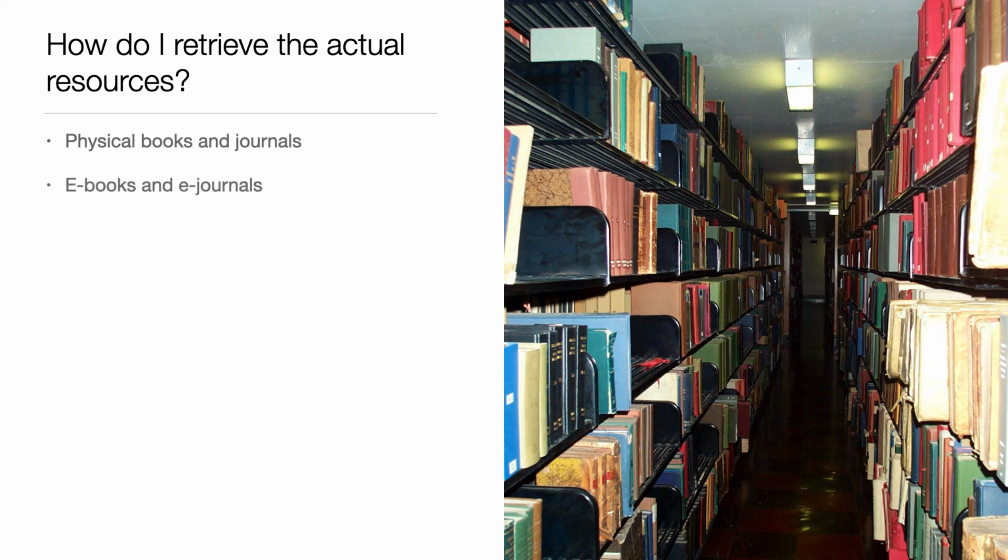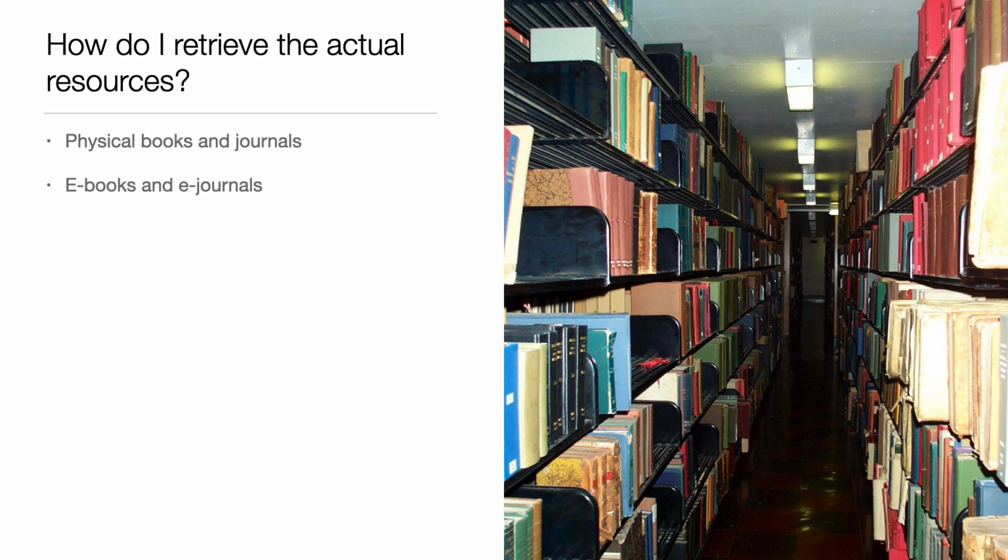Obviously, there will always also be ebooks and e-journals, which of course are in principle much easier to get your hands on. Ebooks may sit in ebook publishing systems, and e-journals may be distributed via the particular journal websites.